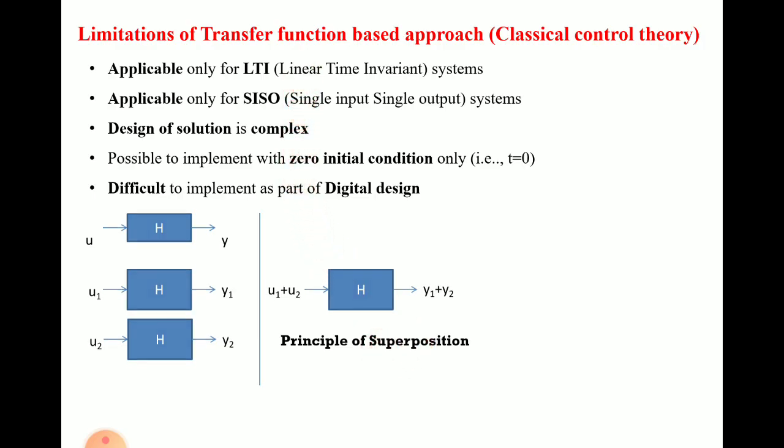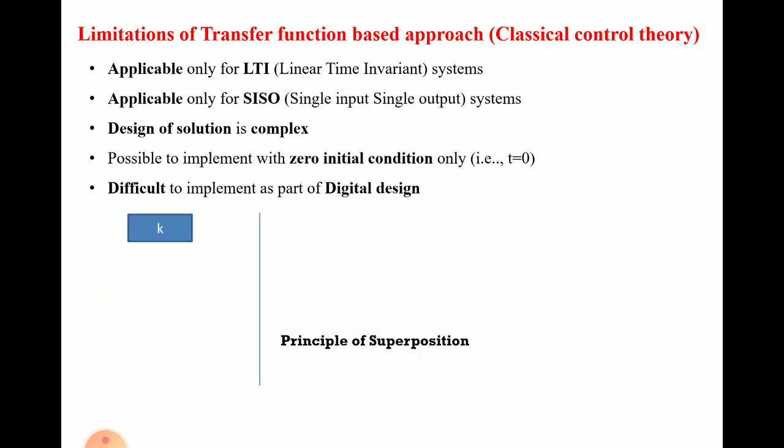Now again, we will look at an example. The example we are talking about is multiplication by a constant k. In this system we are multiplying the input by a constant k, so the output will be k into u. In the first instance we are providing input as 3, so y1 is equal to 3 into k.